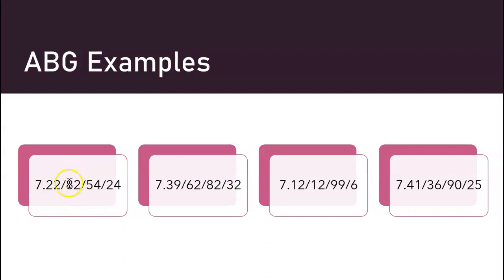Respiratory because it is the CO2, with our metabolic unaffected. Acidosis, and with a low PaO2 on our arterial blood gas, this would be a hypoxic, uncompensated respiratory acidosis.